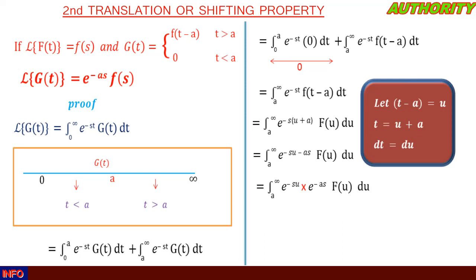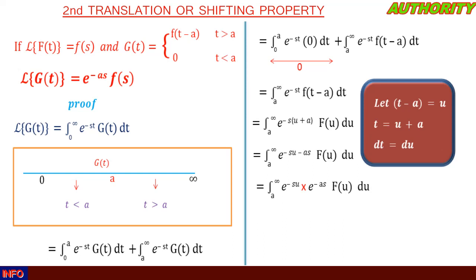We have u there, so this is not a constant, right? Good. The next one is times e raised to the power of minus as.